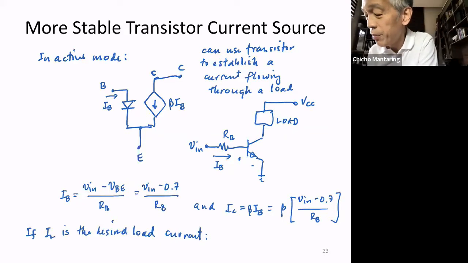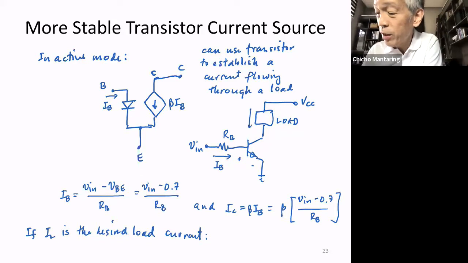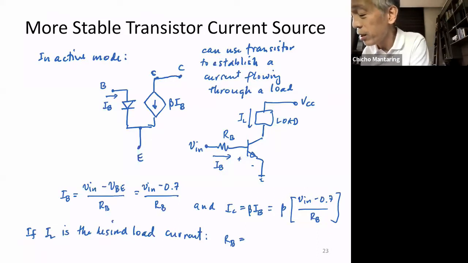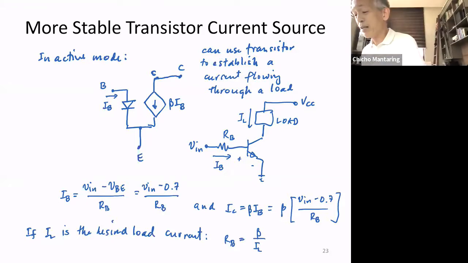Let me do this right. RB will just be equal to beta over IL multiplied by, tama ba? Sandali.